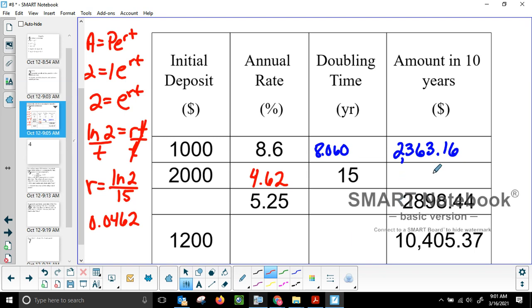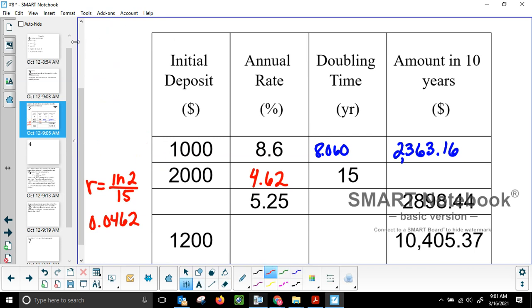All right, and then of course, again, the amount in 10 years. We still just use our A equals Pe to the rt. So now we've got everything that we want here. A is equal to P, my initial deposit, which is 2,000, times e to the 0.0462 times 10.